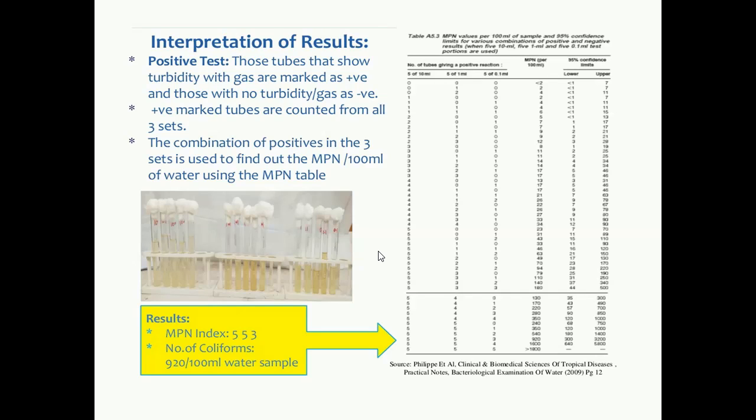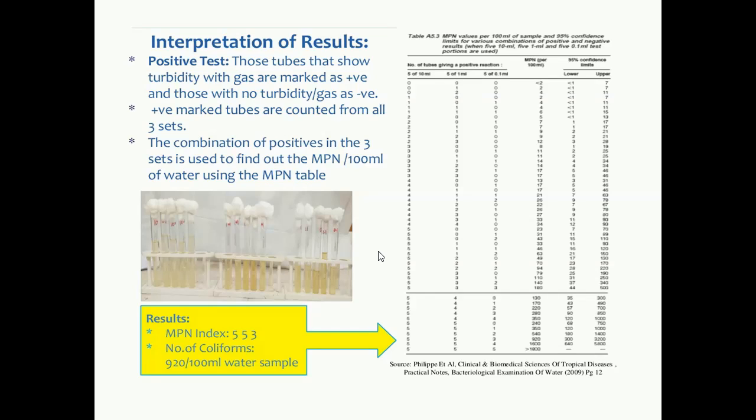Interpretation of the results: those tubes that show turbidity with gas are marked as positive, and those with no turbidity or gas as negative. Positive marked tubes are counted from all three sets, which are the 15 tubes. One is 10 ml, next one is 1 ml, next one is 0.1 ml.